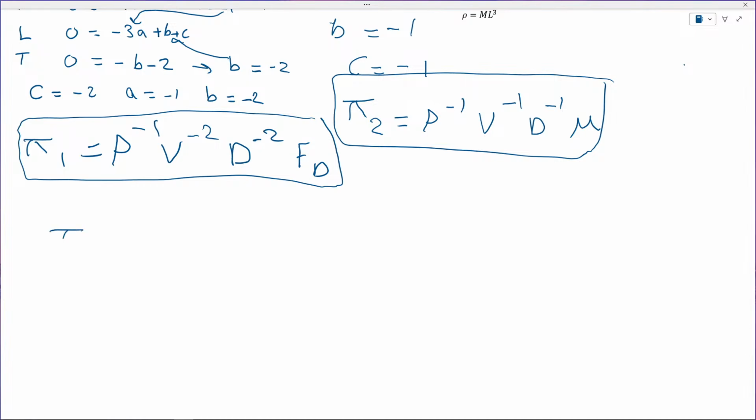So let's say pi 1 would be my drag force over rho V and D squared. Do you agree? I just made this look more beautiful. And so that's my pi 1.